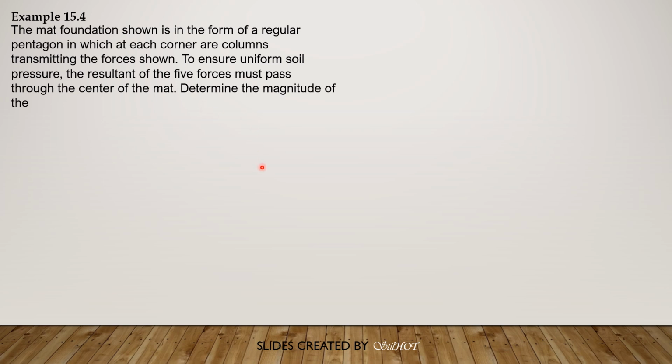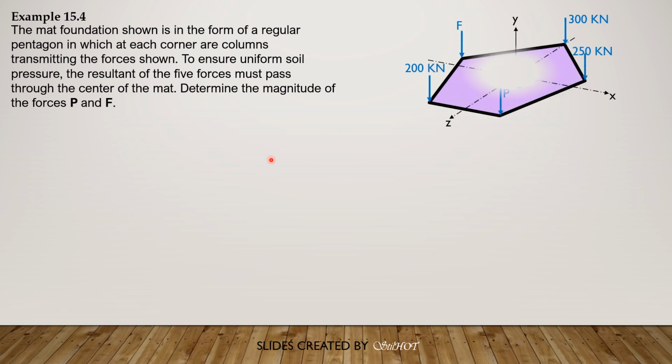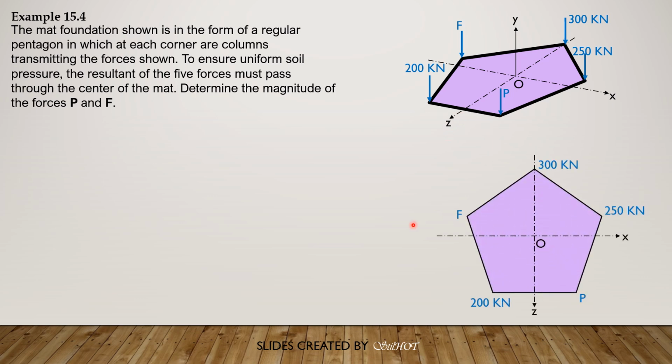Determine the magnitude of the forces P and F. So the condition is the resultant must pass through the center of this regular pentagon, which is a mat foundation, so that the soil pressure will be uniform. So the moment of the resultant about X and about Z will be zero also.